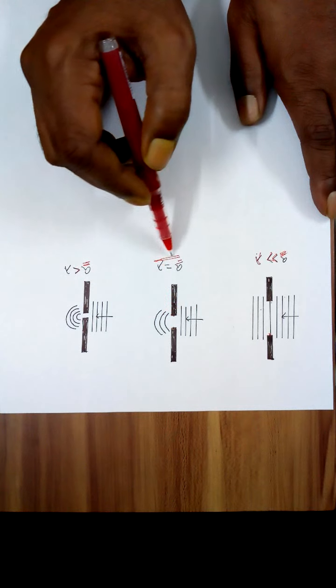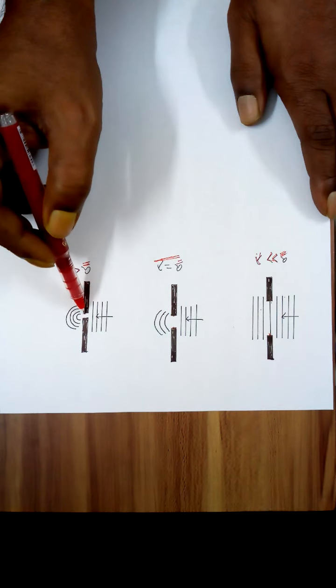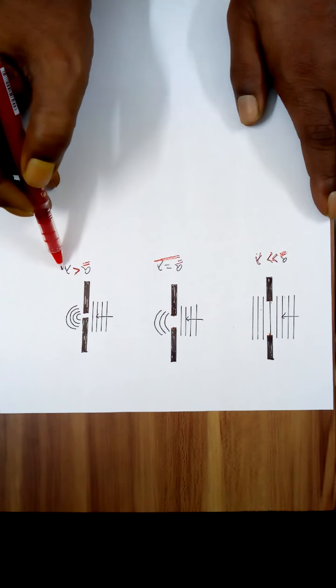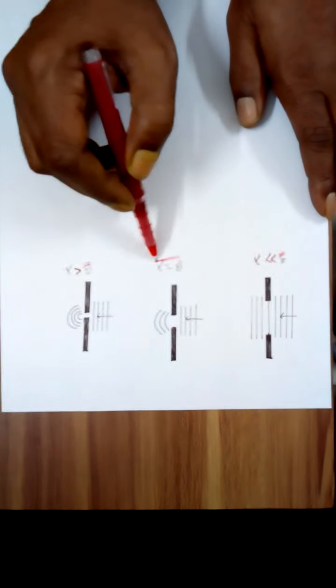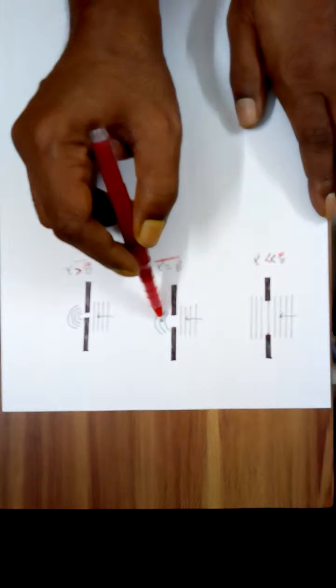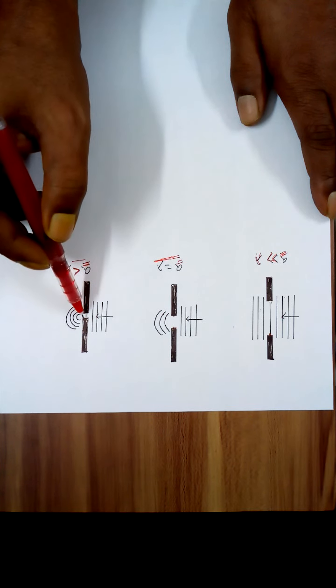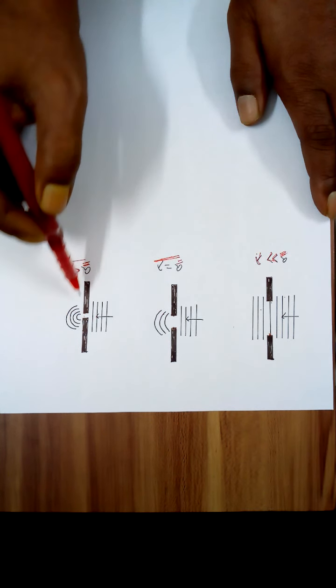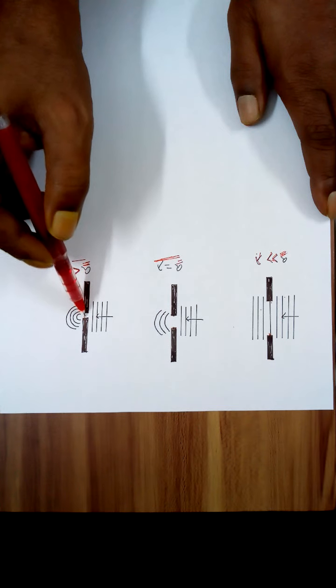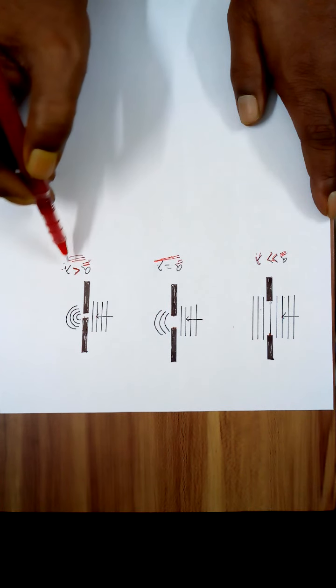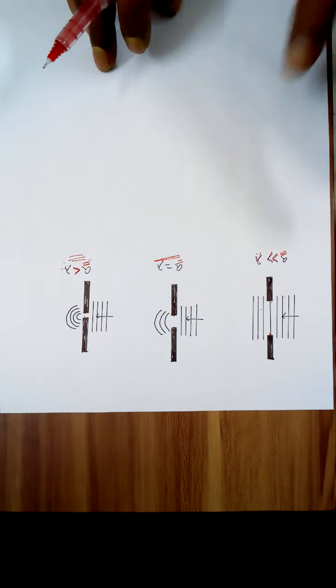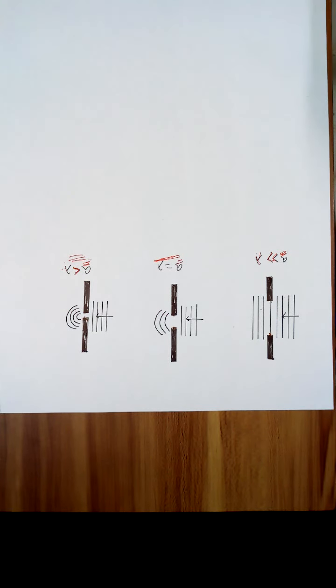The opening here is comparable with lambda. The opening here is very much less than lambda. So if it is comparable with lambda or less than lambda, then there is bending of light, and the bending is more if the slit width is very much less than lambda. This is called diffraction, the bending of light around sharp corners.